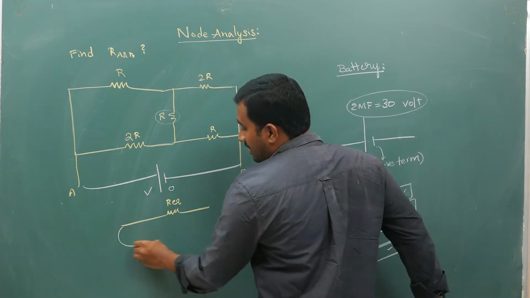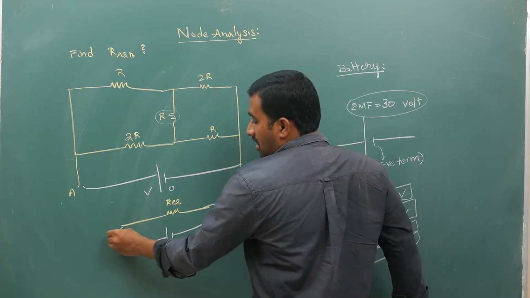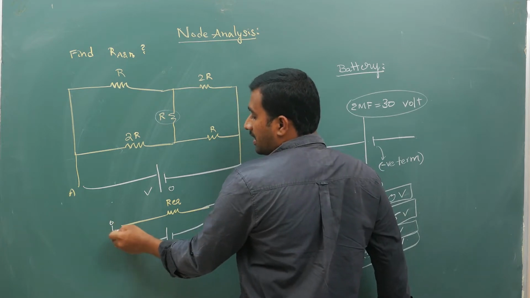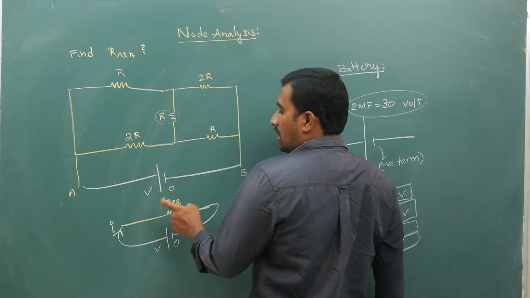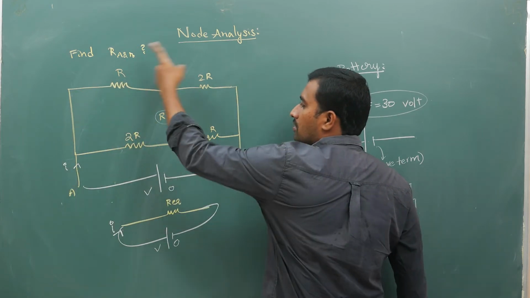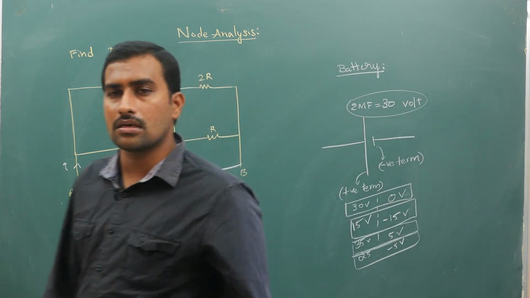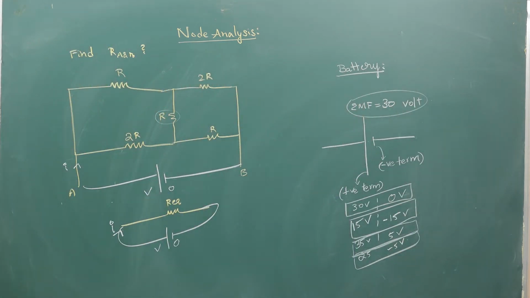If this entire circuit draws I current, then this R equivalent must also draw a current of I.